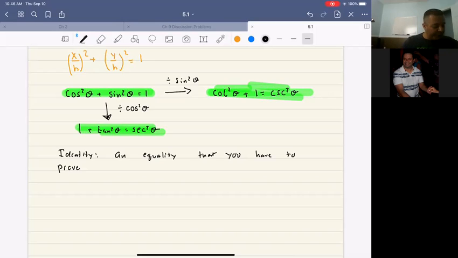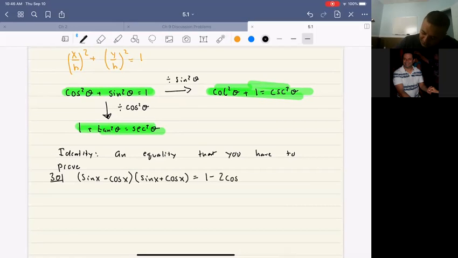Okay, so an example is, let's say, number 30, and we have sine x minus cosine x times sine x plus cosine x equals 1 minus 2 cosine squared of x.